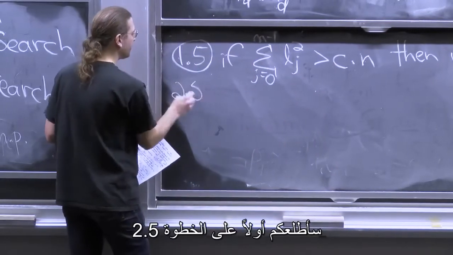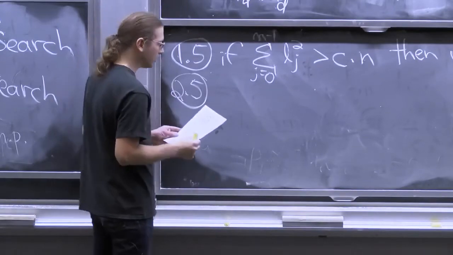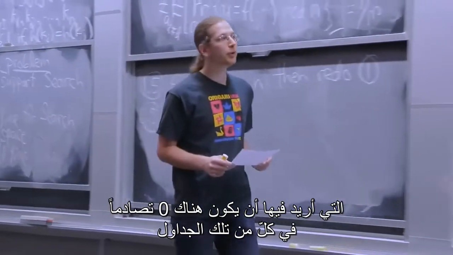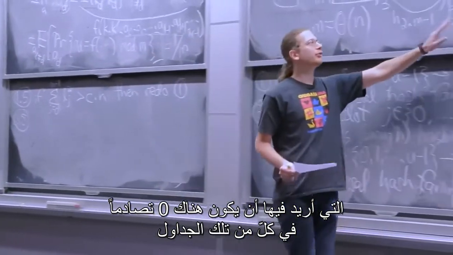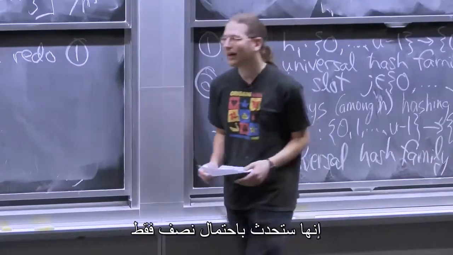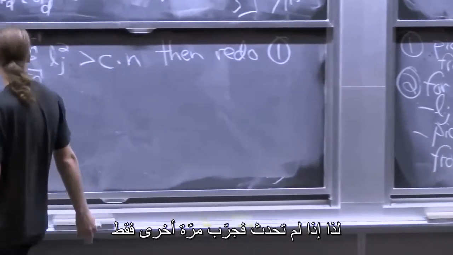Let me first tell you step 2.5, which is I want there to be 0 collisions in each of these tables. It's only going to happen with probability of half. So if it doesn't happen, just try again.